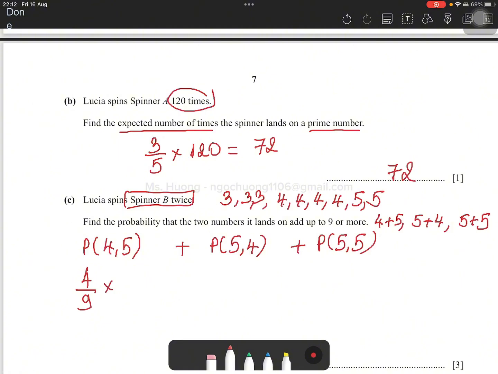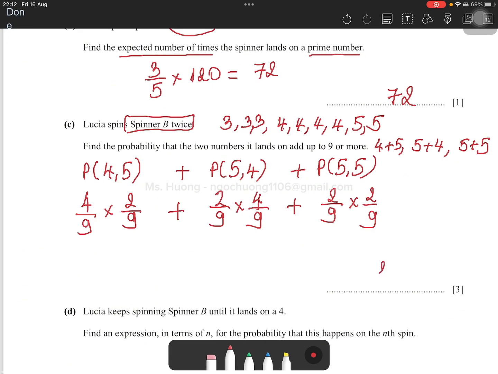And to get a 5, it is 2 out of 9. Similarly for this, the probability of 5 is 2 out of 9. The probability of 4 is 4 out of 9. And thus, 2 out of 9 times 2 out of 9. So the answer for this is 20 over 81.